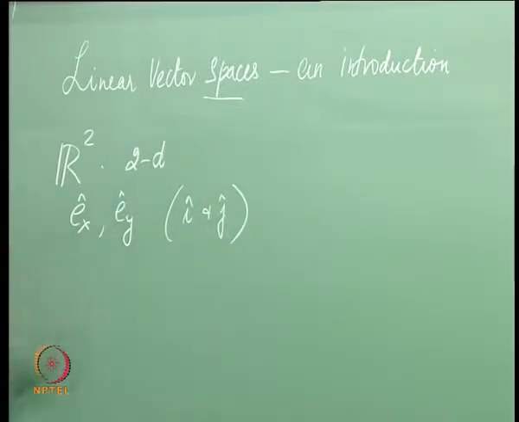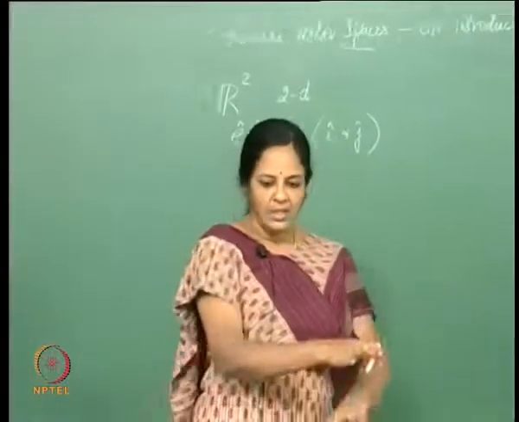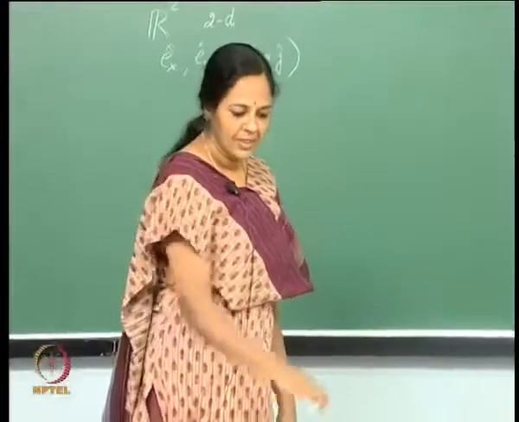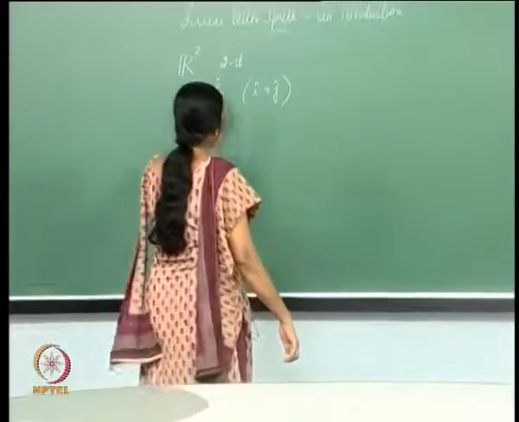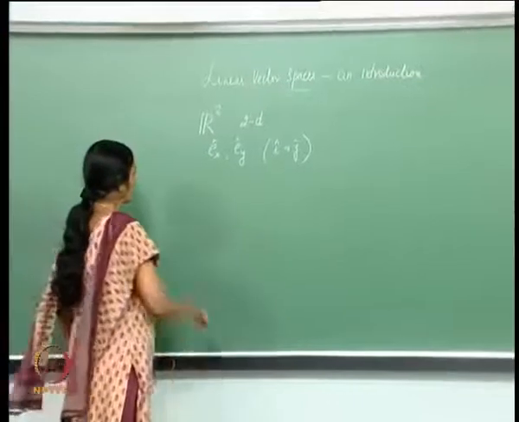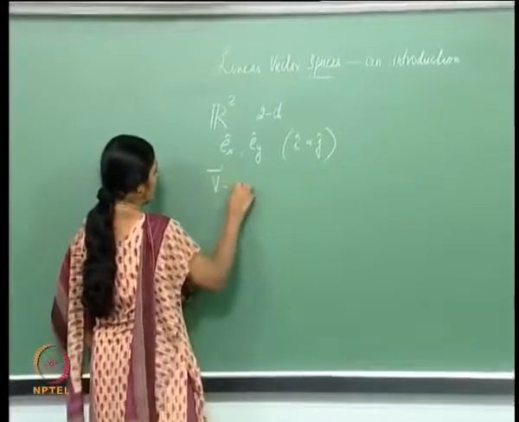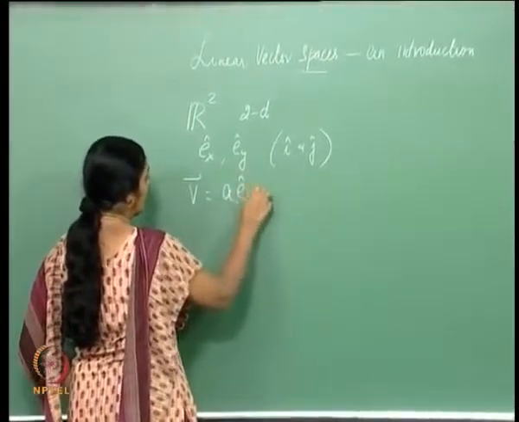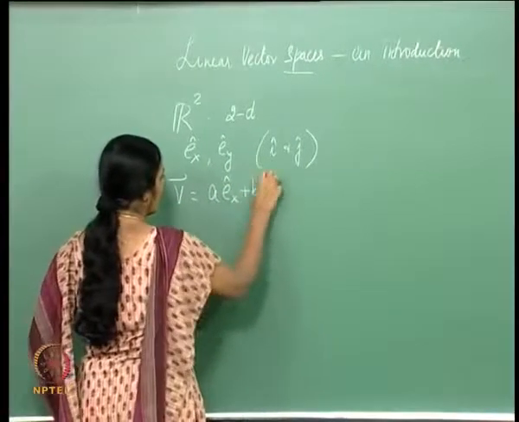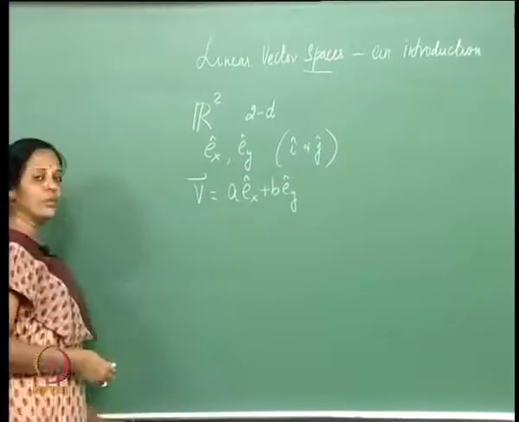This would be my notation. So any vector in this space, and this is a two-dimensional space, could be the plane of this table, the top of the table, or the plane of the blackboard. And any vector v in this space is some a times Ex plus b times Ey.